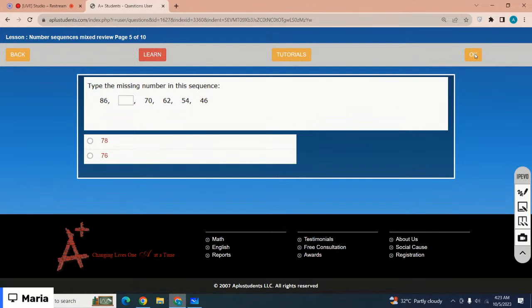So when you go back 8, the missing value is 86. Sorry, 86 minus 8 is 78. The missing number is 78.